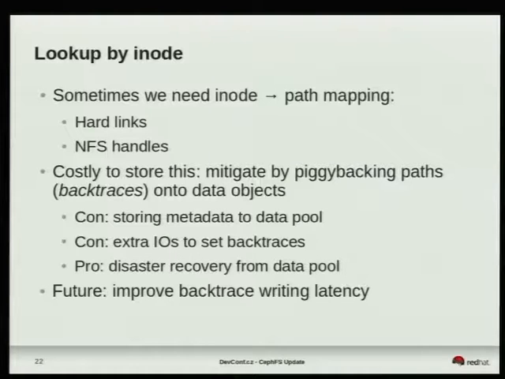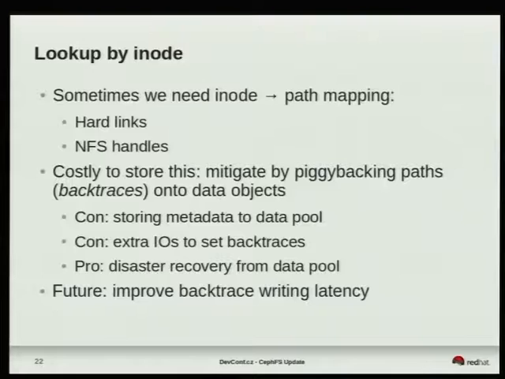No, I don't know that inode. You have to tell me the path. So that's handled in CephFS by actually storing a tiny bit of metadata in the data pool. Because the striped data objects for a file are named after its inode, we can look them up by inode. So the metadata server also puts a little bit of data on those, called a backtrace, that allows us to look up by inode when we have to.